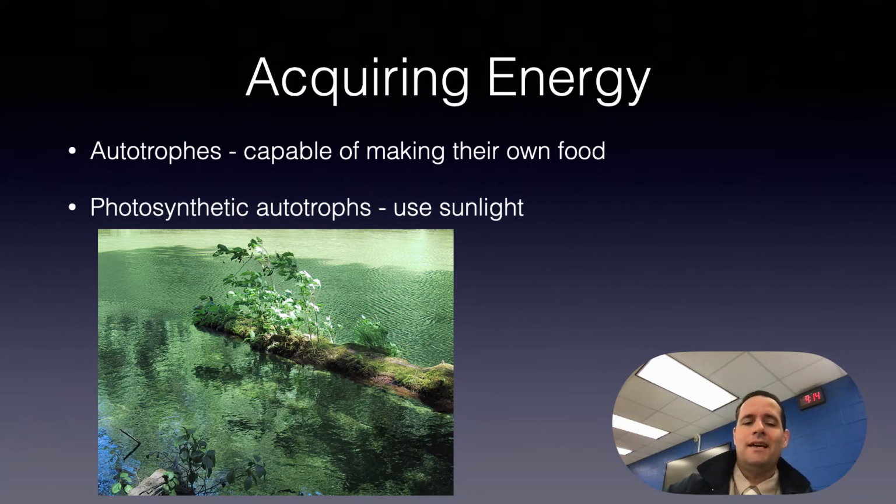They use sunlight as an energy source, whereas chemosynthetic autotrophs or chemotrophs use inorganic molecules as an energy source. Now, autotrophs are critical for all ecosystems. Without these organisms, energy would not be available to other living organisms, and life itself would not be possible, okay?